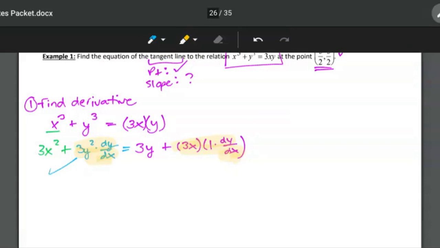So this 3y squared dy dx is going to stay on the left side of the equation. This dy dx needs to go on the left side with it. So I'm going to subtract this to the other side of the equation. Not going to show my work, but if I move it to the other side, it's going to be negative 3x dy dx.